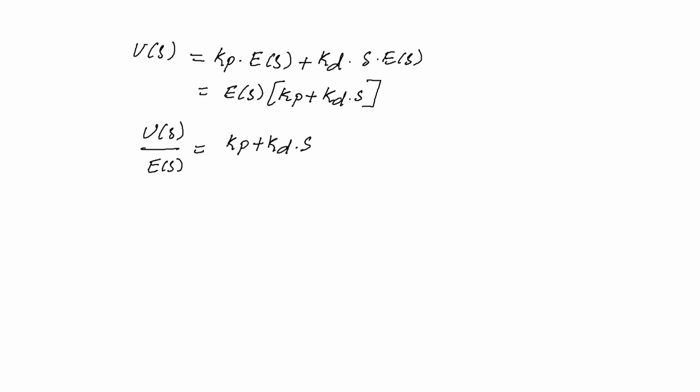In order to get the 1 plus arrangement, we take Kp outside, so the equation becomes Kp dot (1 plus Kd divided by Kp dot s). It is nothing but the same equation. For your understanding, let me multiply: when Kp goes inside, it becomes Kp plus Kd divided by Kp times Kp dot s. The Kp and Kp cancel, and you get Kp plus Kd dot s, which is the above equation.